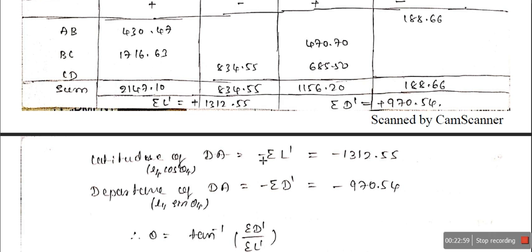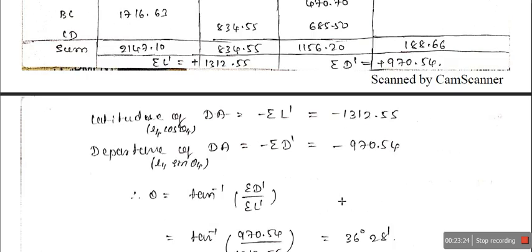You can write it as a positive summation of L dash. So in this case, after the difference of positive and negative latitude and positive and negative departure, we are getting both as positive. So here I am writing summation of L dash with minus sign and summation of D dash with minus sign. Put in all the values, and we will get it like this.